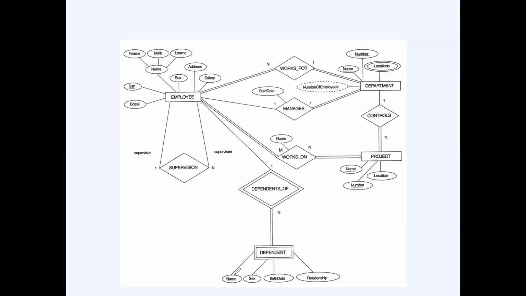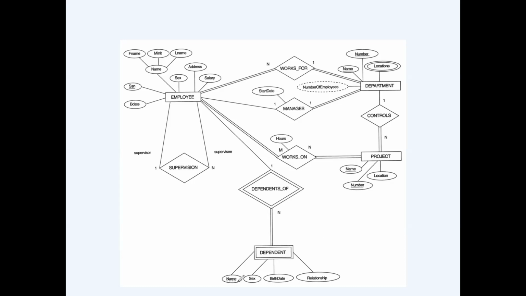And you can see a dash line, which indicates that it's a partial key because name can be duplicate, right? For example, think of father and mother working in the particular company and their son and daughters are common, which means you cannot uniquely identify, which means this is known as partial key.